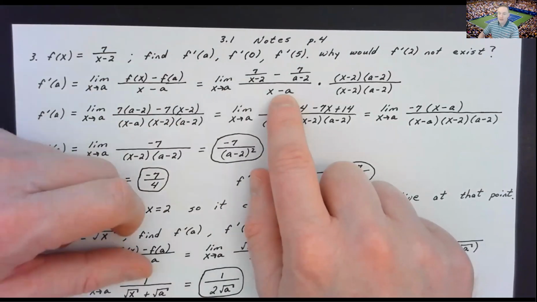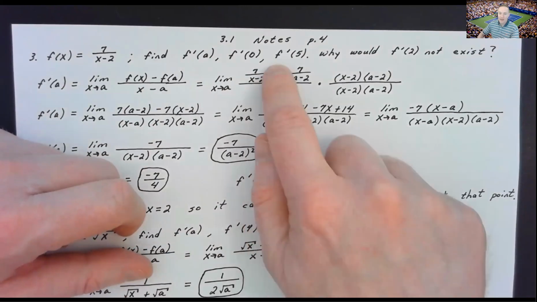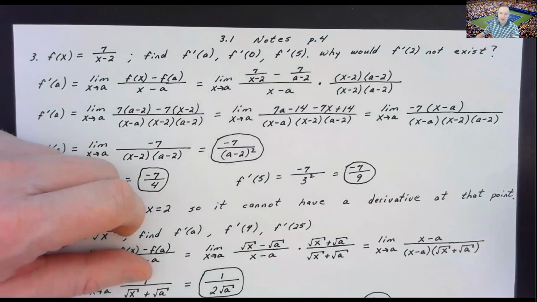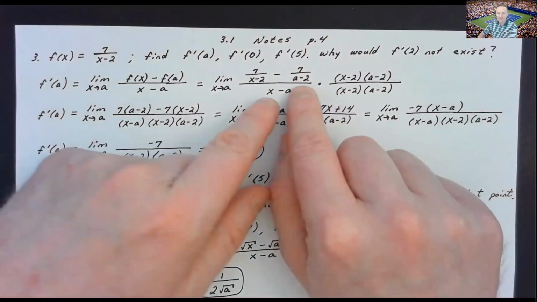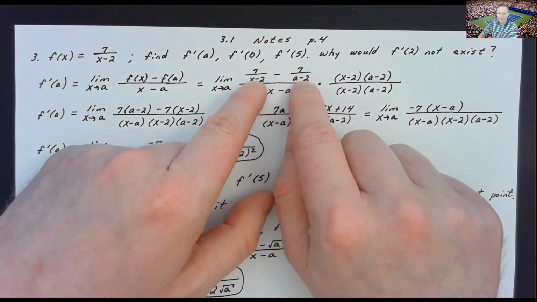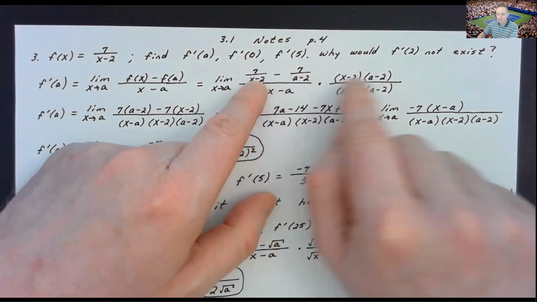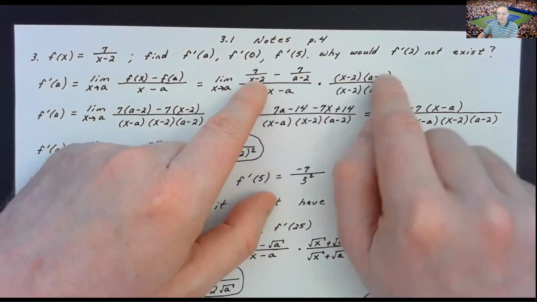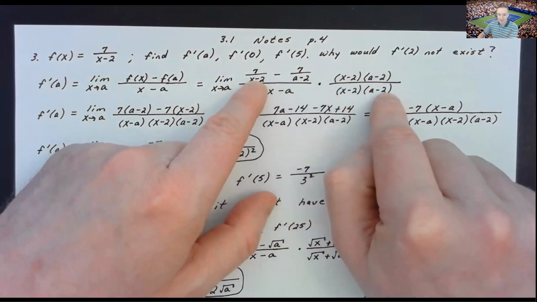So there's no way to do that yet, so I simplify my numerator and say, I do not want to have compound fractions within the fraction. So you just say, okay, multiply by the least common denominator of any denominators you see in there. That's going to be x minus 2 and a minus 2. So you'll see I'm multiplying by an understood 1, the factors of x minus 2, a minus 2 in both the numerator and denominator.